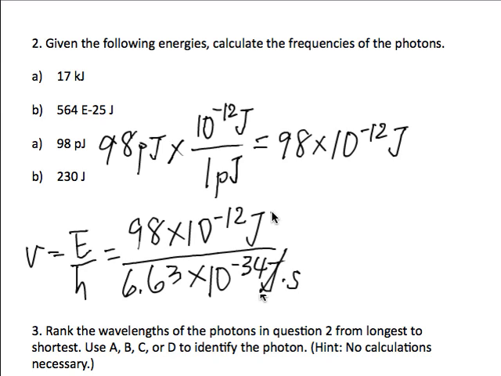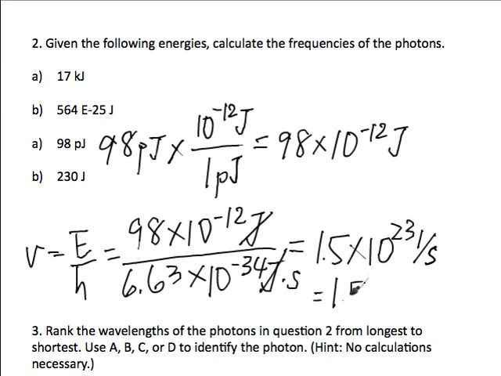So the joules cross out, and then we are left with, using our calculators, 1.5 times 10 to the 23 1 over seconds, and so the 1 over seconds is the same thing as hertz. Okay, so that's our answer. Let's go on to the next one.